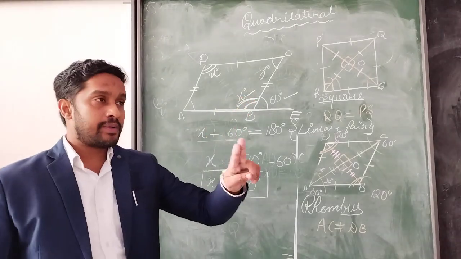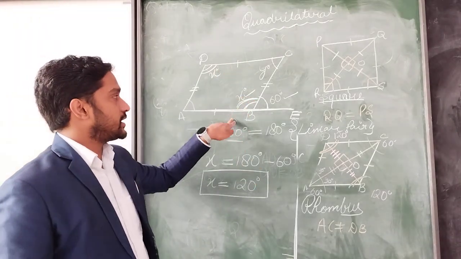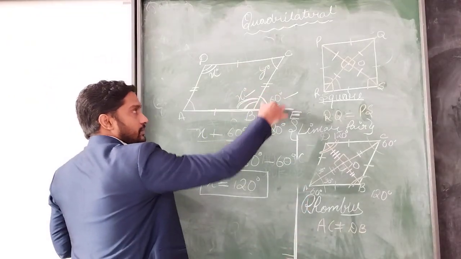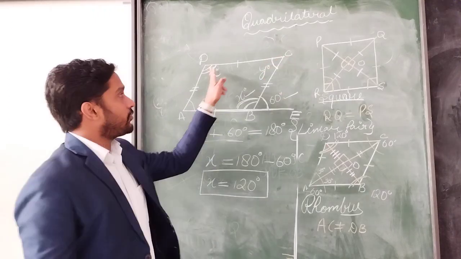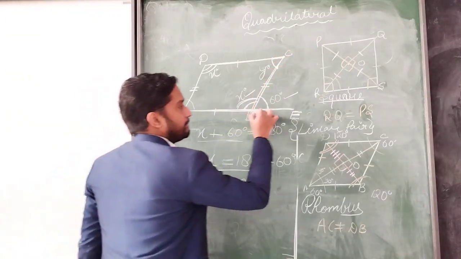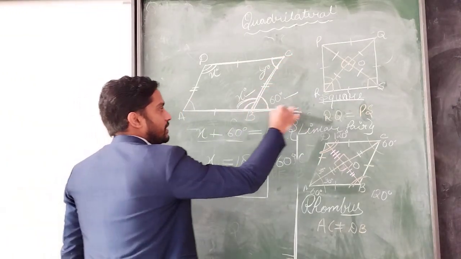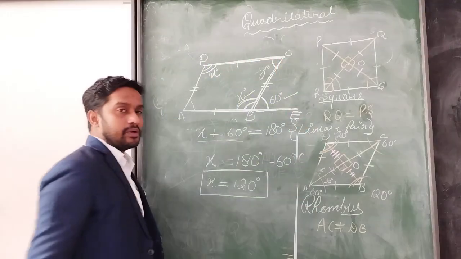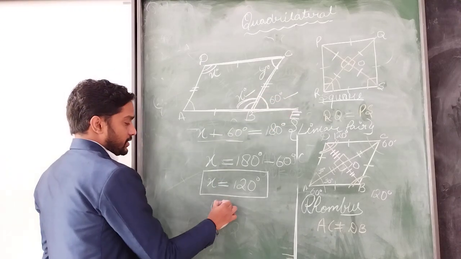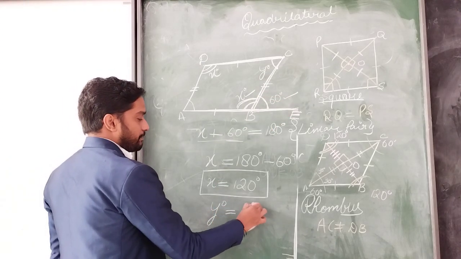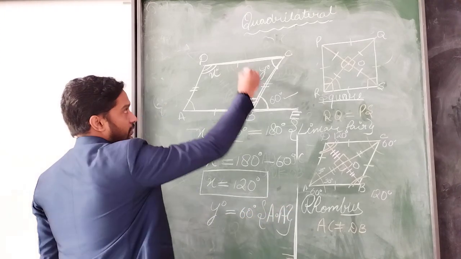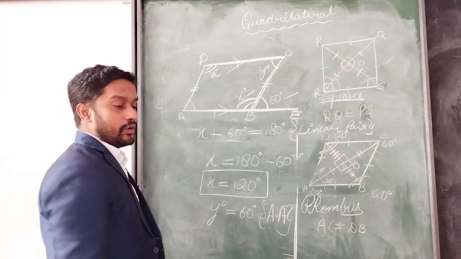As we have studied in parallel lines, whenever two parallel lines are there and one line is intersecting them, the inside angles, whenever they form the Z formation, we can apply alternate angles. Which means y degrees will be equal to 60 degrees, by the alternate angle property, because these two lines DC and AB are parallel.